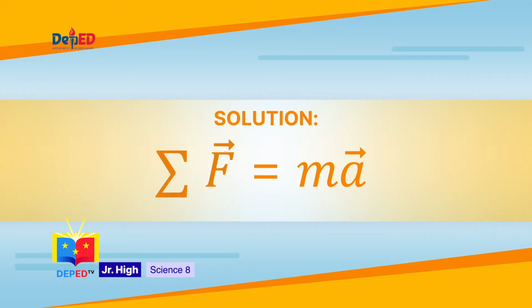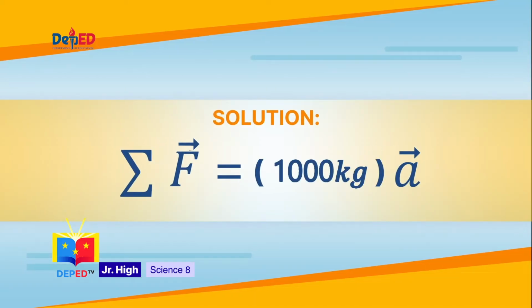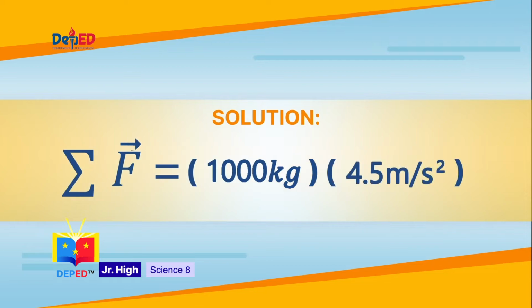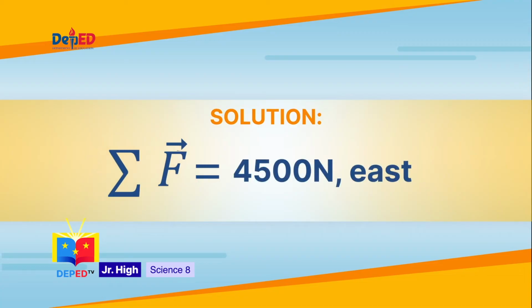We write net force equals the mass multiplied by the acceleration. Our mass is 1,000 kilograms. Our acceleration is 4.5 meters per second squared. We multiply these and the force needed to make the truck move is 4,500 newtons east.